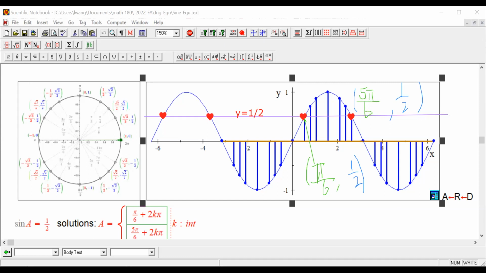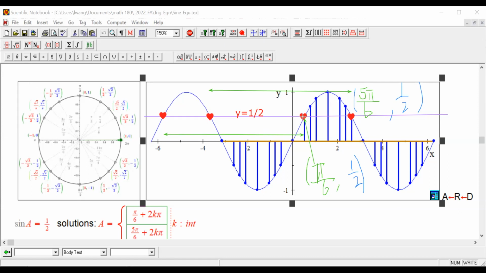Now, we know there are many more solutions in both directions. Between these two points, what's the difference? The difference is 2 pi, 2k pi. And between these two points, the difference is also 2 pi. So this is subtracting 2 pi.